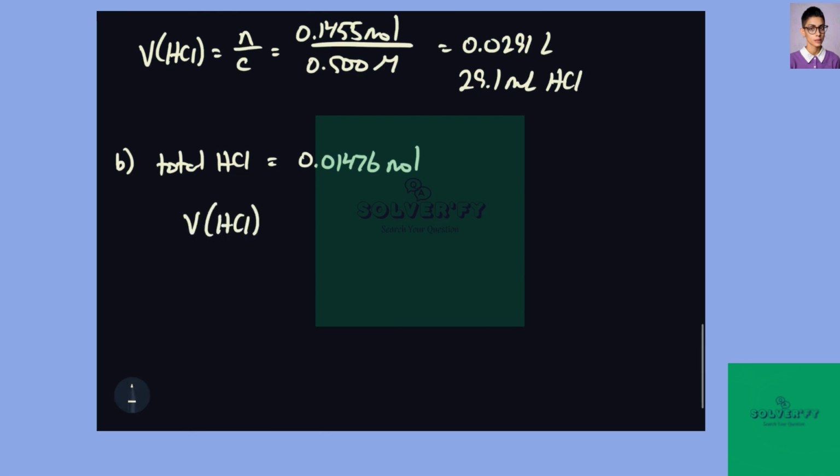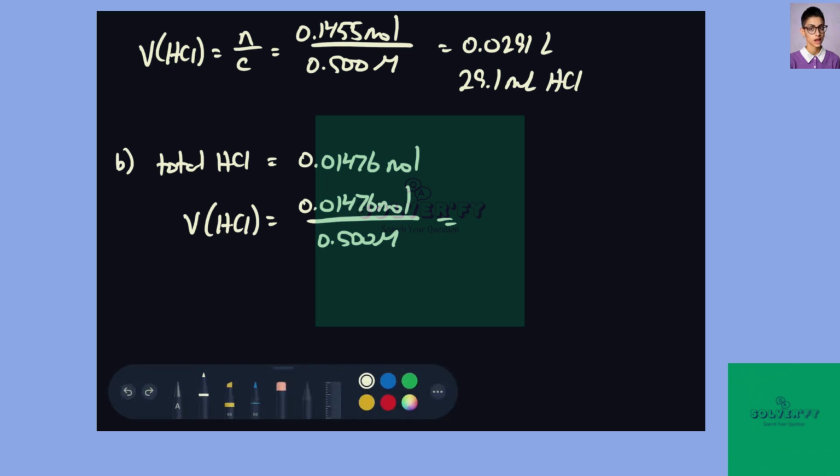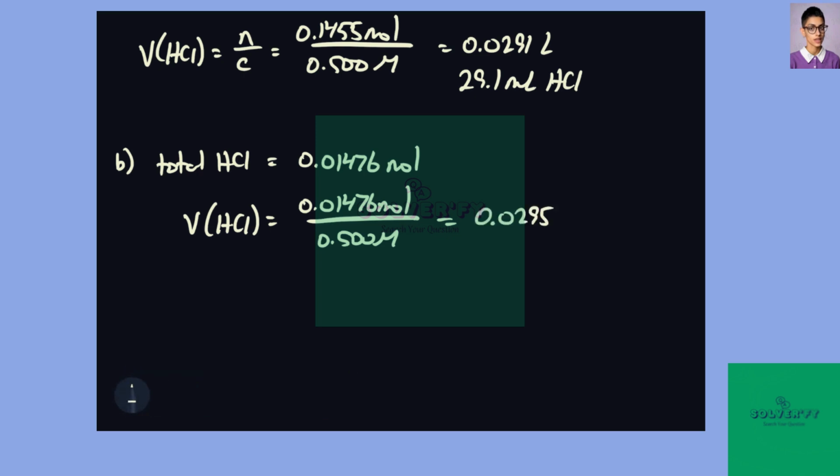So the volume here of HCl is equal to 0.01476 moles divided by 0.500 molar, and for the neutralization here in total, we get 0.0295 liters HCl, or 29.5 milliliters HCl.